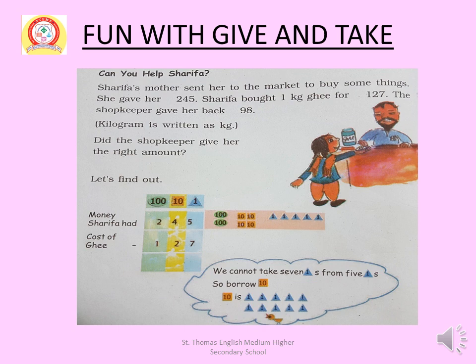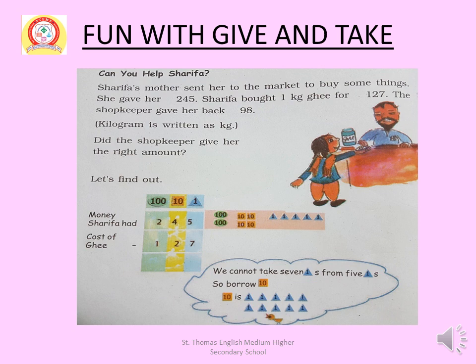Let's find out. So money Sharifa had is 245. Cost of ghee is 127. We have to do the subtraction. We have to do 245 minus 127.